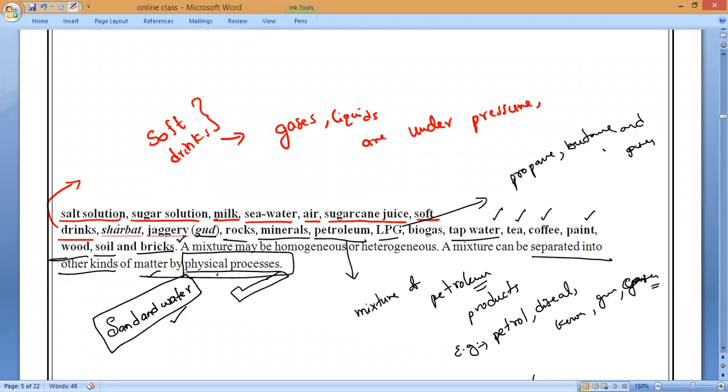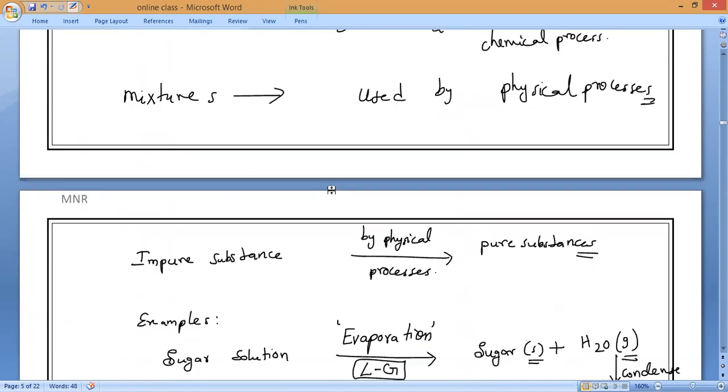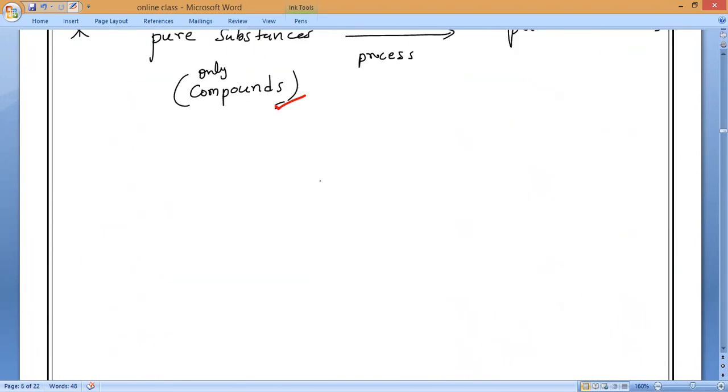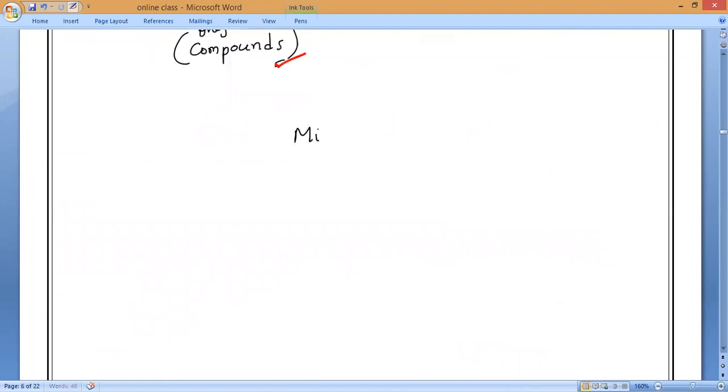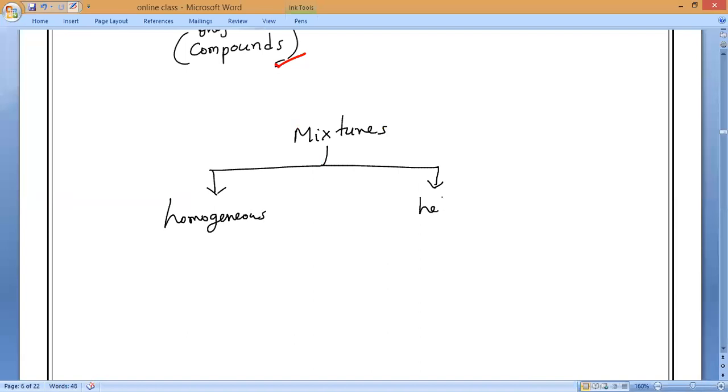Now, let us select a salt solution. For example, let me go back. As we know, mixtures we can classify into two types. You have to tell me the answer. Mixtures can be classified into two types. What is that, guys? One is homogeneous, another one is heterogeneous.